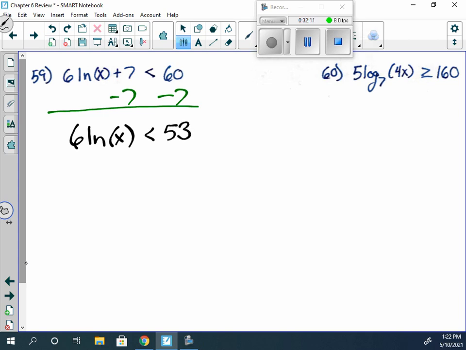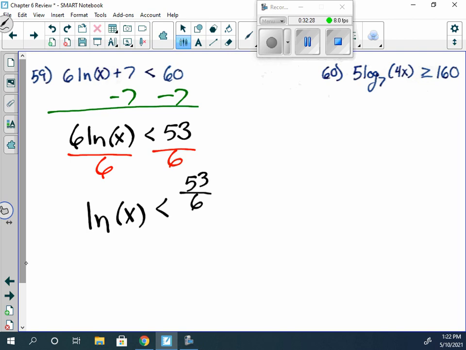So I'm going to subtract 7 first, which will give us 53. Then we can divide both sides by 6, which will tell me that the natural log of x is less than 53 divided by 6.